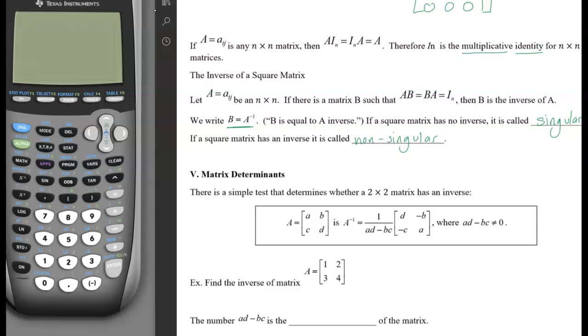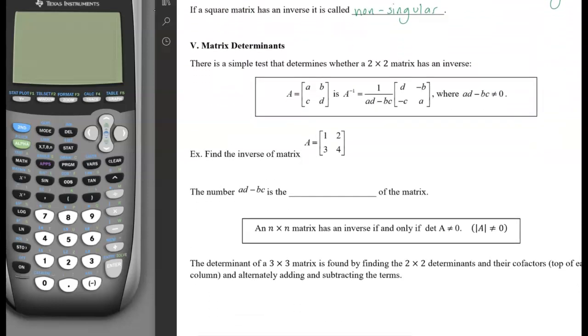Now, there's a simple test to determine if a matrix is going to have an inverse. When you're finding something called the determinant, if the determinant is not equal to 0, this means your matrix will have an inverse.